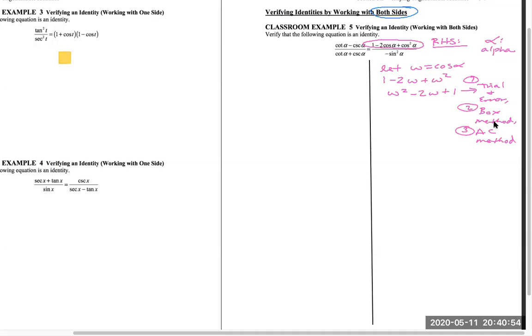As a matter of fact, I think I have a worksheet for factoring next week that I want to bring in. What this comes down to is W minus 1 times W minus 1, which is W minus 1, the quantity squared. So this top part actually becomes cosine alpha minus 1, squared.